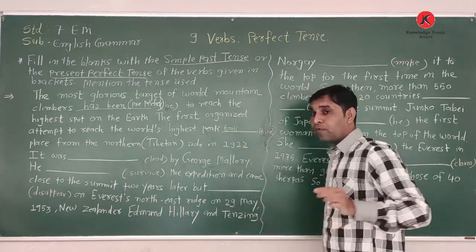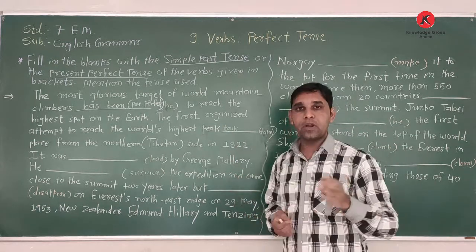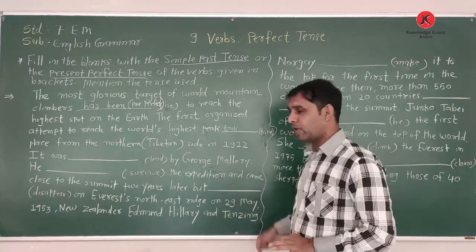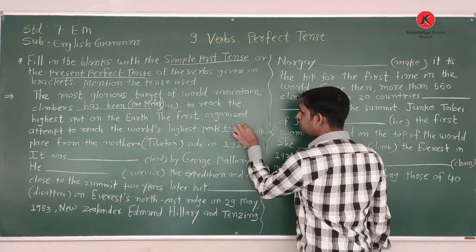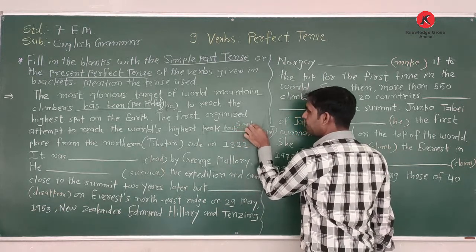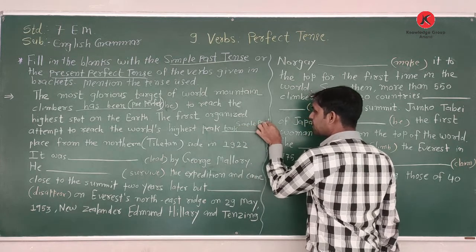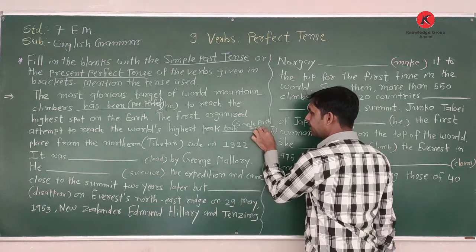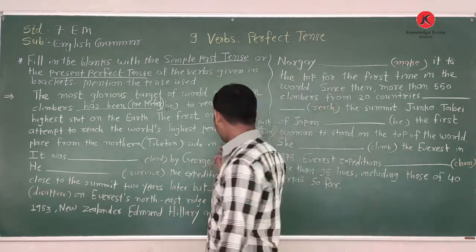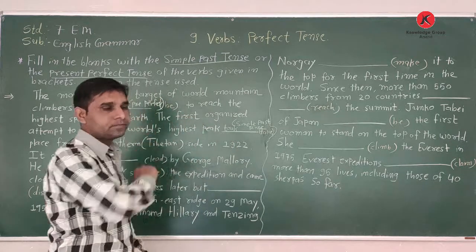Why do we write took? Because the action was already completed in 1922. So which tense do we use here? Simple past tense, and the verb used is took.